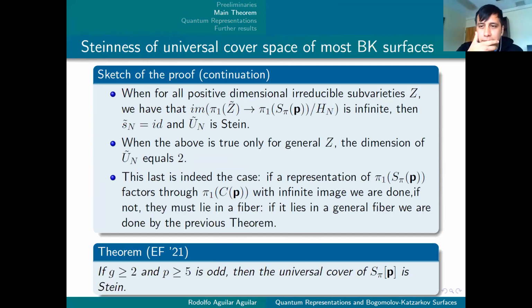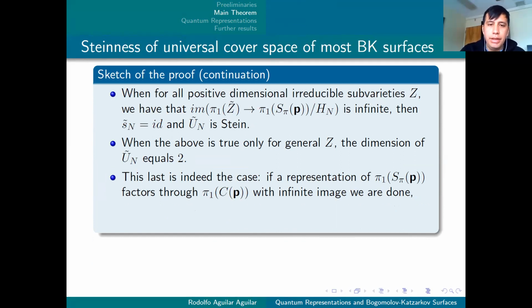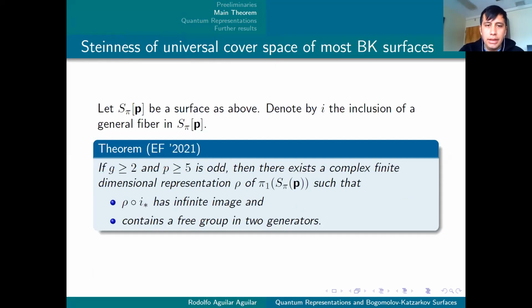Why do you need this p greater than or equal to 5 condition? Sure, that's important. We will see later that, well, here we were stating that it has infinite image, but of course it relies on this representation, and we will see in the next part that this representation will have finite image if p is less than 5.